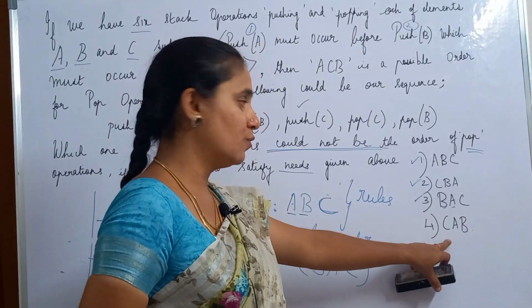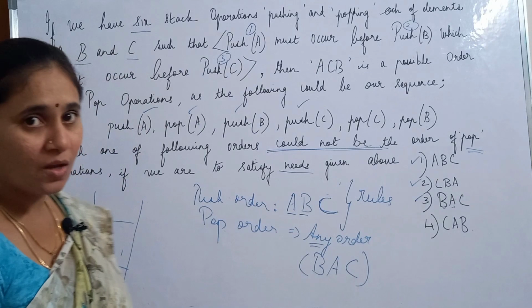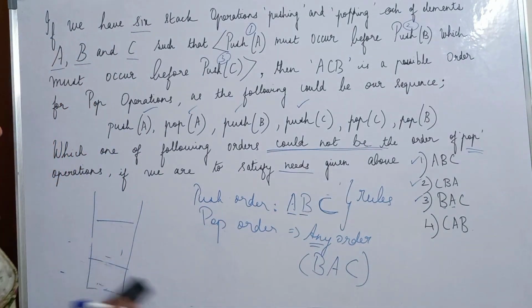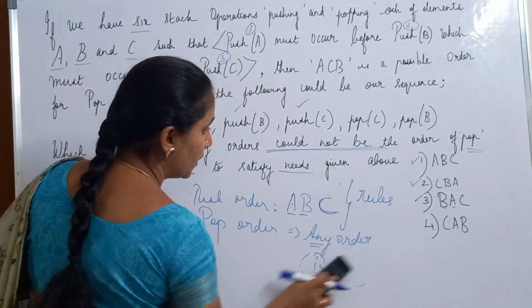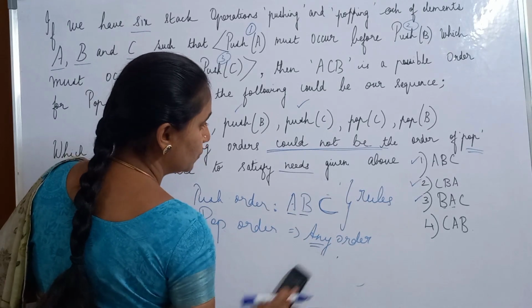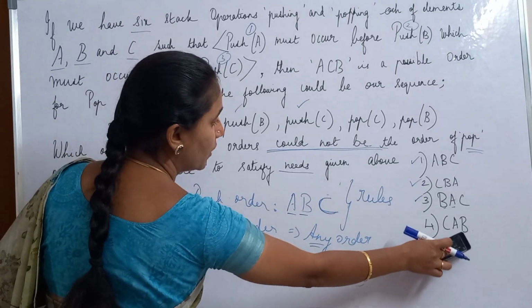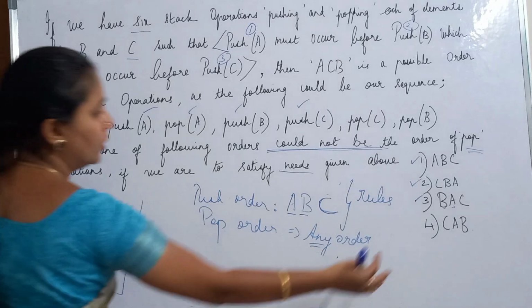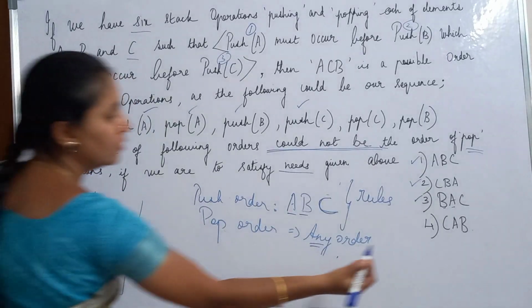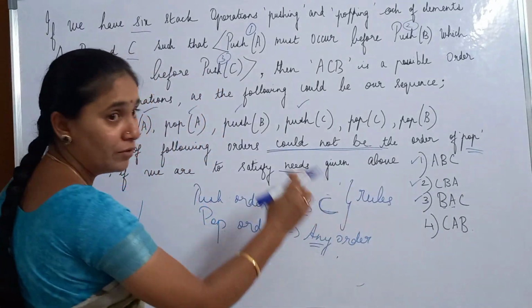Now we are going to check for CAB. Okay, so now we can maintain the same push order. I think we cannot do this because this is a wrong pop order. See, for example, this is the order I have to maintain, isn't it?